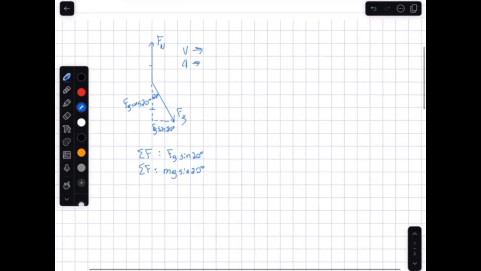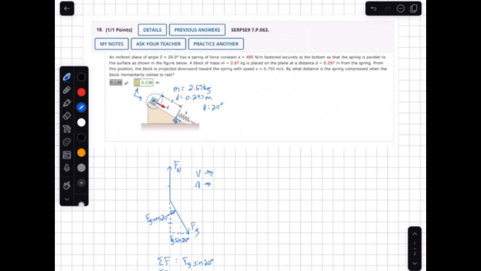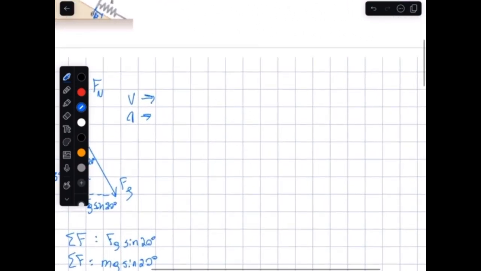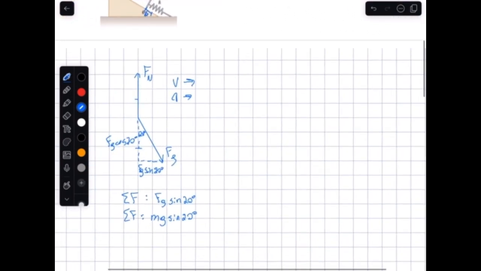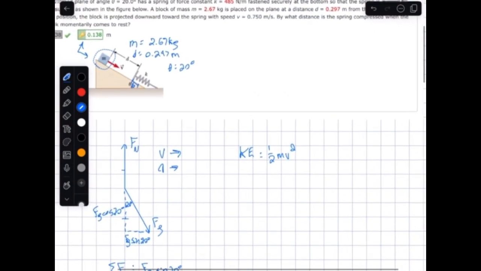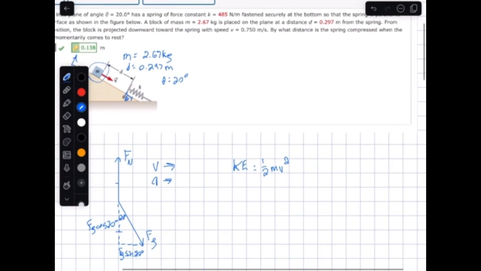What we are looking for, we're going to have to use energy, obviously. So we'll use kinetic energy, KE. We'll come back to this. K equals 1/2 mv squared, as we know. The mass is 2.67 kilograms, and the velocity is 0.75 meters per second.